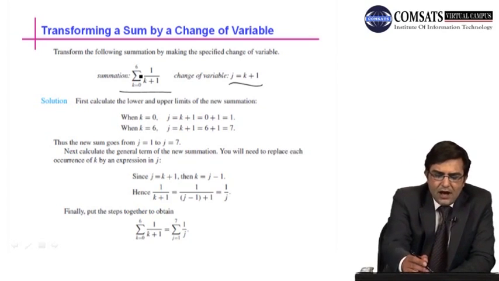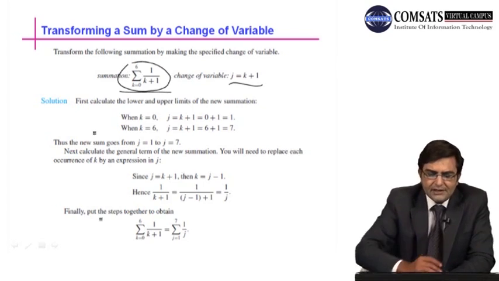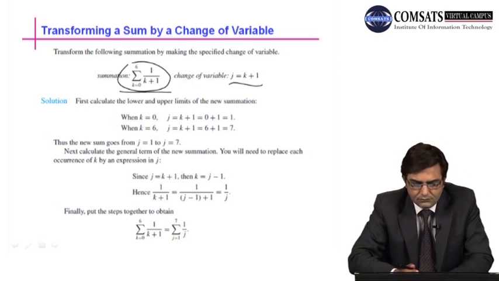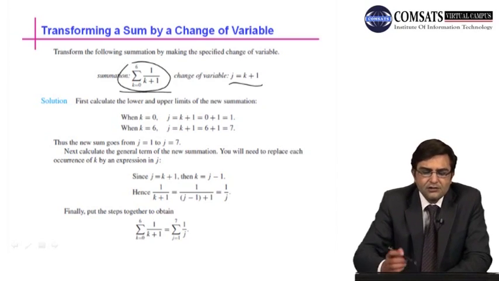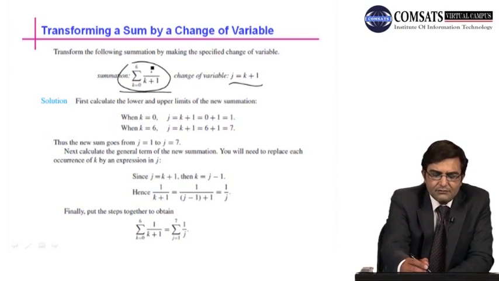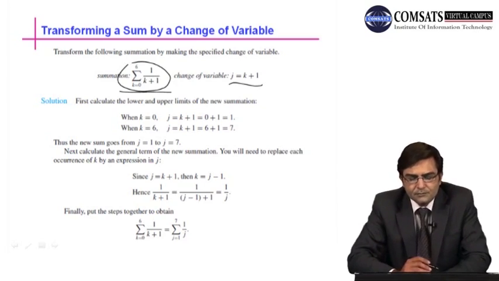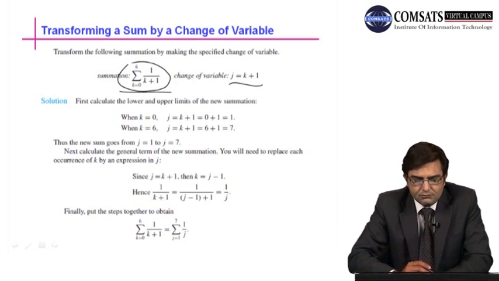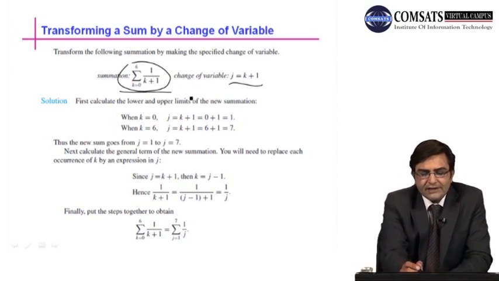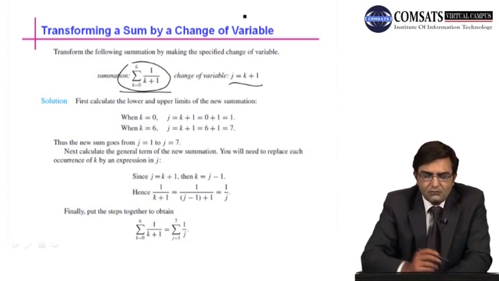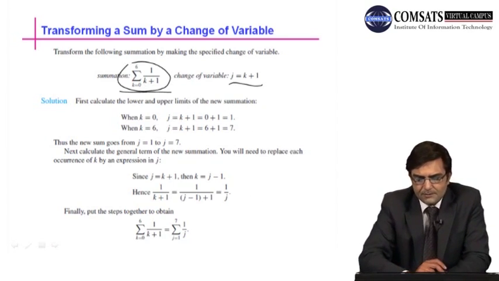In this case we have to look at each limit, upper limit and lower limit of the summation, and also the expression which we have to sum. First we calculate the lower limit and then the upper limit, and then we change the expression in the summation.